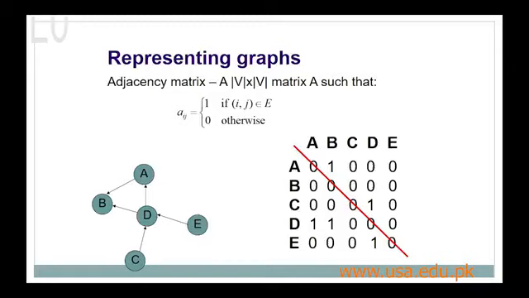And if we move to the next node, that is D, D can send the data to node A, and D can send the data to node B. So in the matrix we have 1 against 2 columns, A and B, and the rest of the positions are zeros.